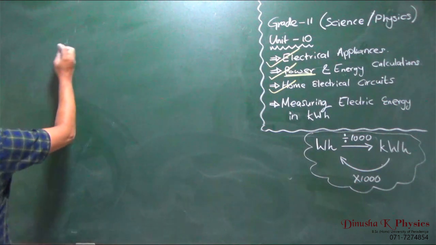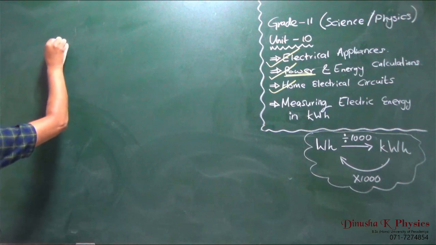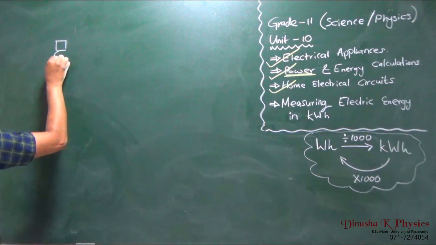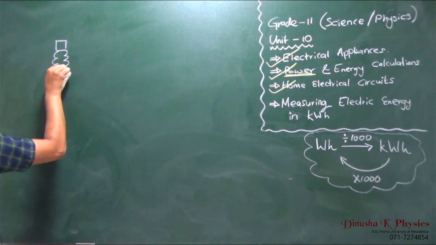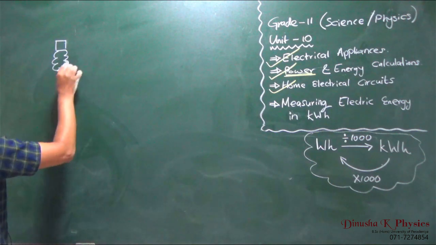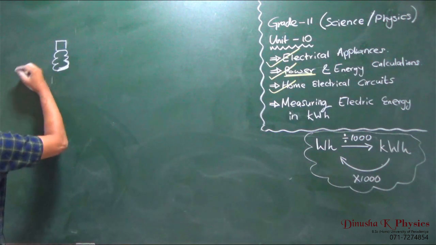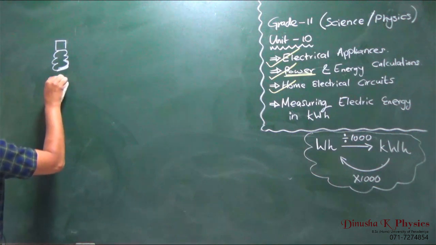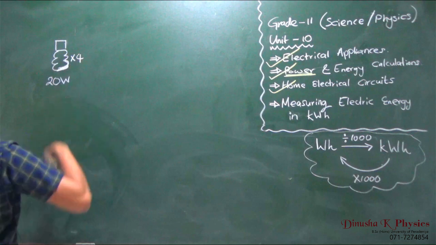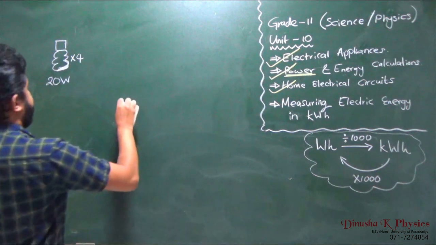Right. So let's say there are 2 types of bulbs now. One is a CFL bulb, a chlorofluorocarbon bulb. It has a power of 20 watts, and there are altogether 4 bulbs of this type.